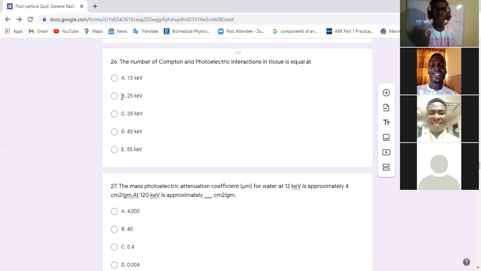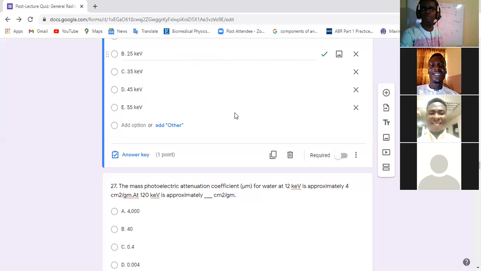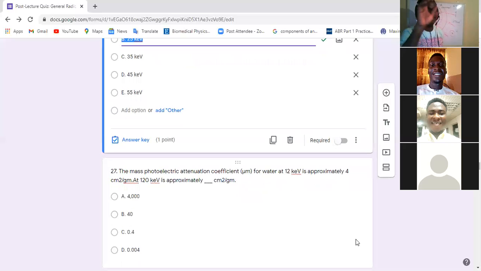Of course, you wouldn't use a human being to measure Compton and photoelectric. They use water for that. And it was found that at 25 keV, these two contributors are the same. So that was why, in the earlier question when we had 100 keV, something else is dominant.